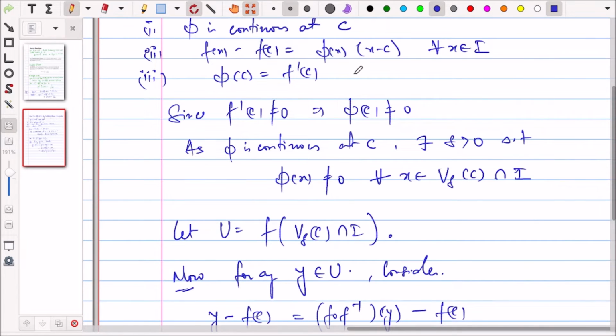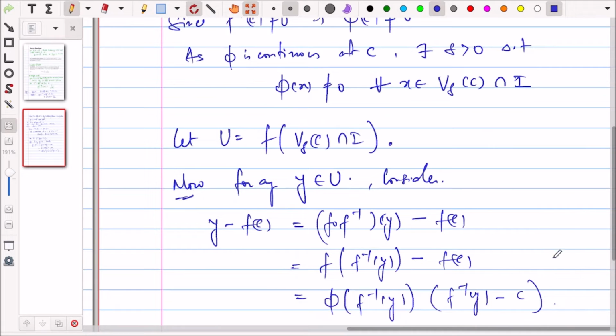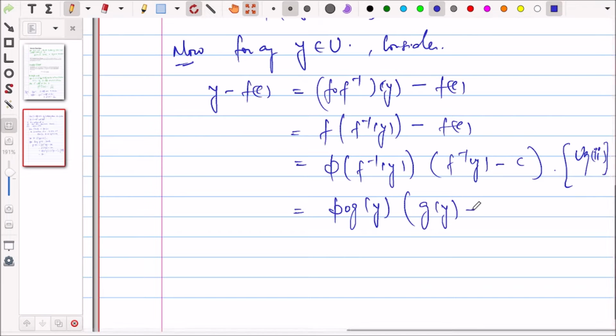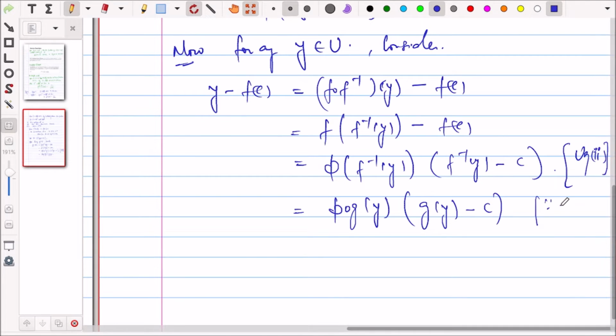In this property, fx minus fc equal to phi x times x minus c, using the second one. So this is phi of gy times gy minus c, since g is equal to f inverse. Our g is f inverse, so this is what we have now.